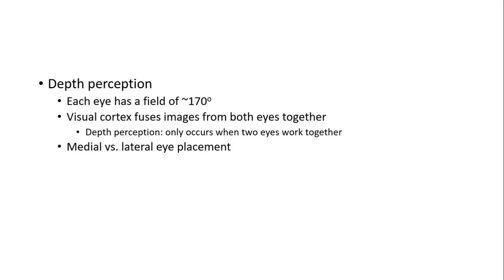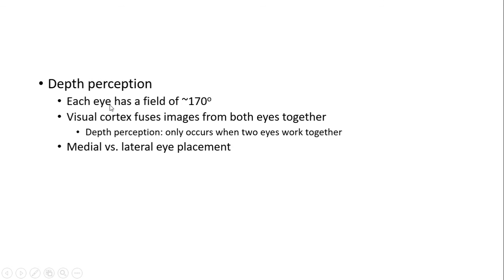So because pigeons have lateral eye placement, they do not have depth perception, and basically they have to learn through other cues throughout life to compensate for that. But for us, we do have depth perception because we have medial eye placement, and for that we are able to fuse these images together to get depth perception.